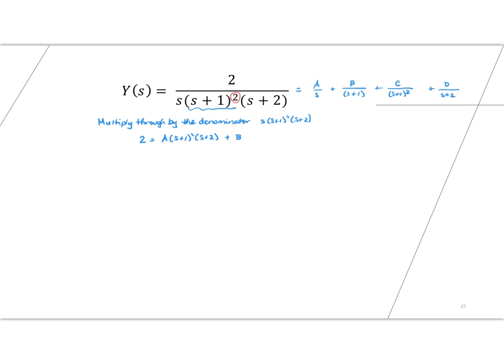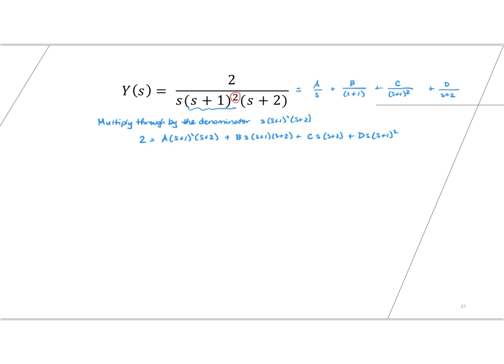B is going to have the s, it will have one of the s plus 1s, one will cancel, and s plus 2. C, I have s, both s plus 1s cancel, and s plus 2. And I'll have D times s plus 1 squared.